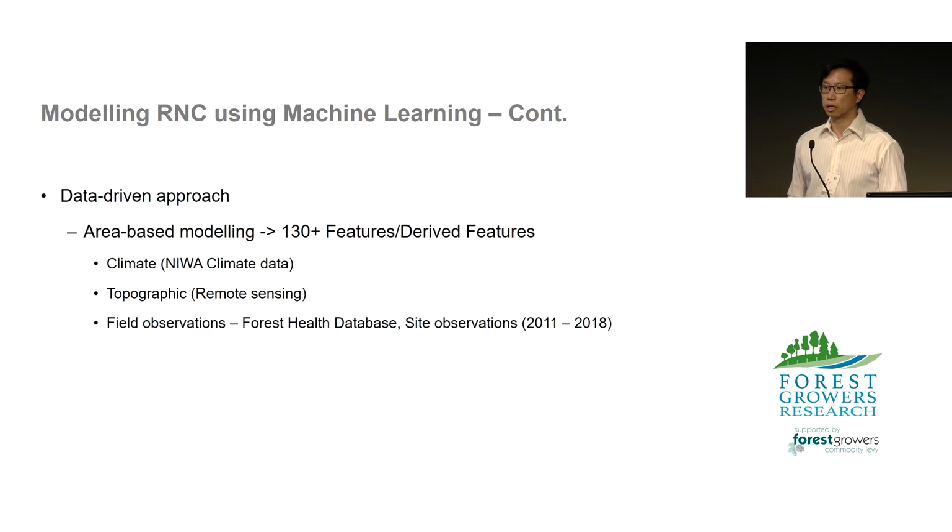And from these data sets, we managed to extract and derive over 130 features that we use to successfully build a spatial climate area-based model for predicting the severity of RNC for a given location and its associated climate conditions.